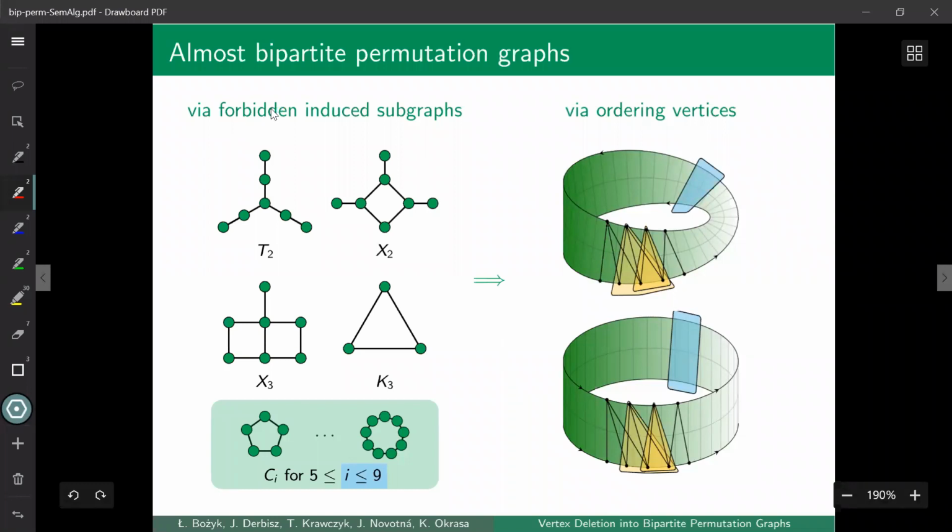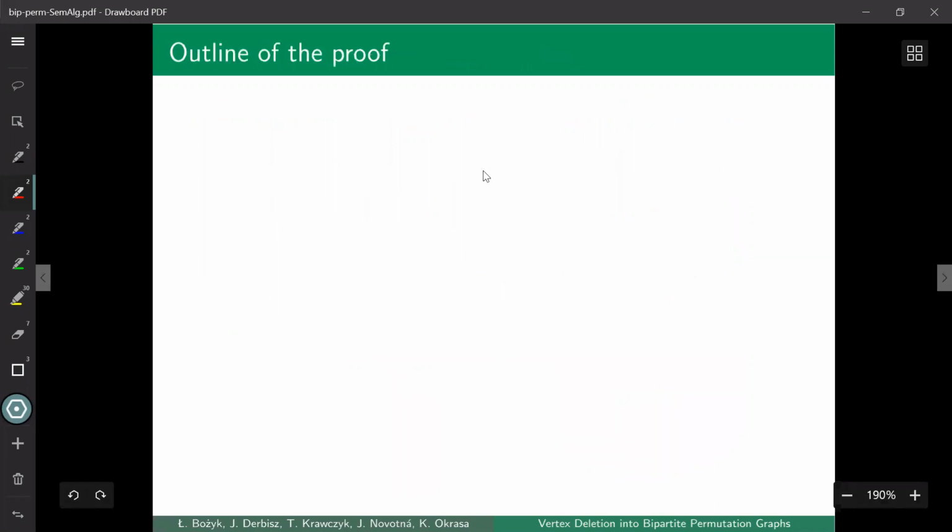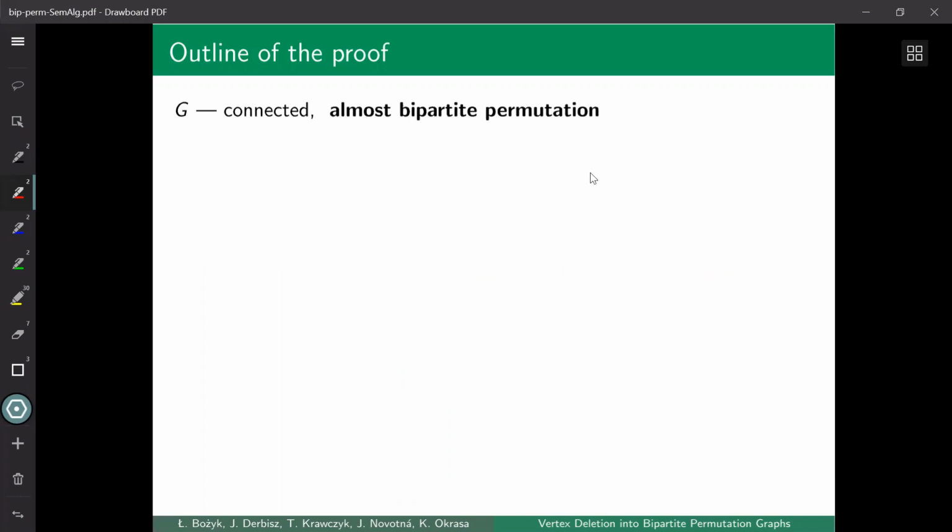And in a little bit more detail, how to achieve these structures from the assumption that we have no induced subgraphs of those given types. First of all, note that we can consider our graph to be connected.